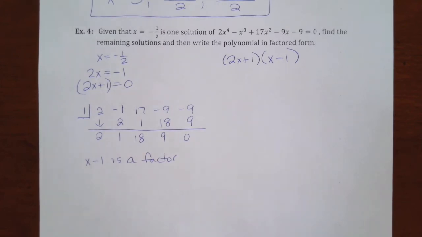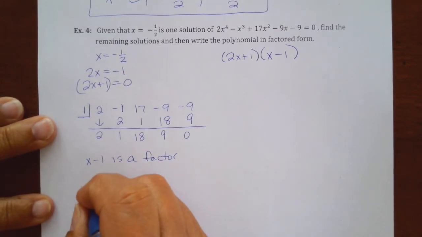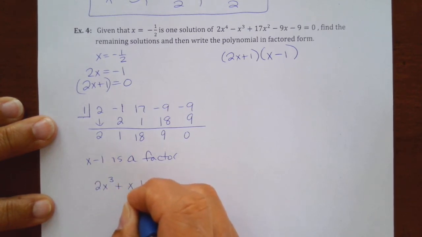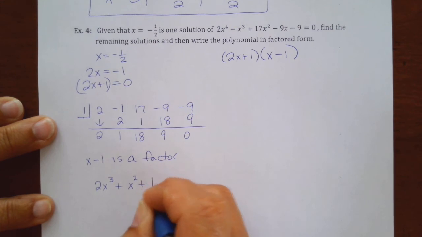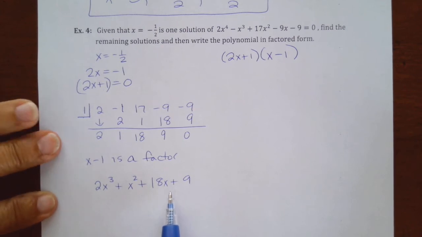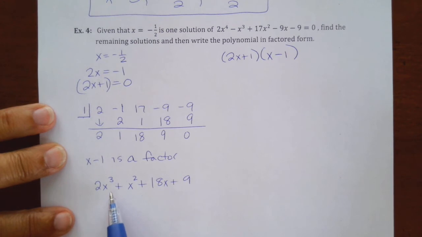So, all right, let's see what I have. This is 2x to the third plus x squared plus x plus 18x plus 9, right? So I'm taking those coefficients. That's what's left. All right, so now I can try to factor this by grouping.